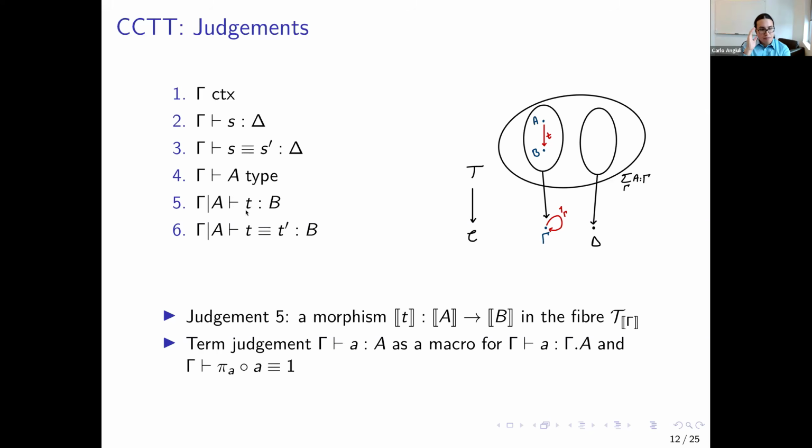Okay. Yes, with judgment 5 morphisms, we can compose fiber-wise. We can compose morphisms between types within each fiber, and we have an identity morphism on the type A. So everything is expressed fiber-wise. Yes. Okay, so 5 is the type morphism judgment. Right. Exactly. So these are the objects and these are the morphisms, just like these are the objects and these are the morphisms. Yeah, thanks for asking.